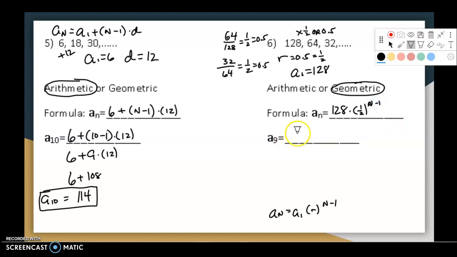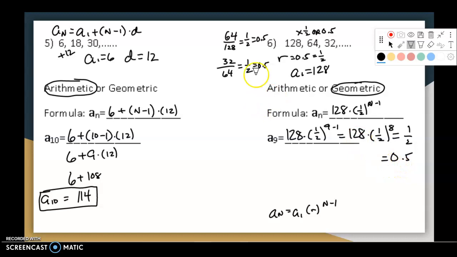And then A9 would be 128 times 1/2 to the 9 minus 1. So that's 128 times 1/2 to the 8th power. And that will be 1/2, or 0.5. So the 9th term in this sequence is going to be 1/2, or 0.5.